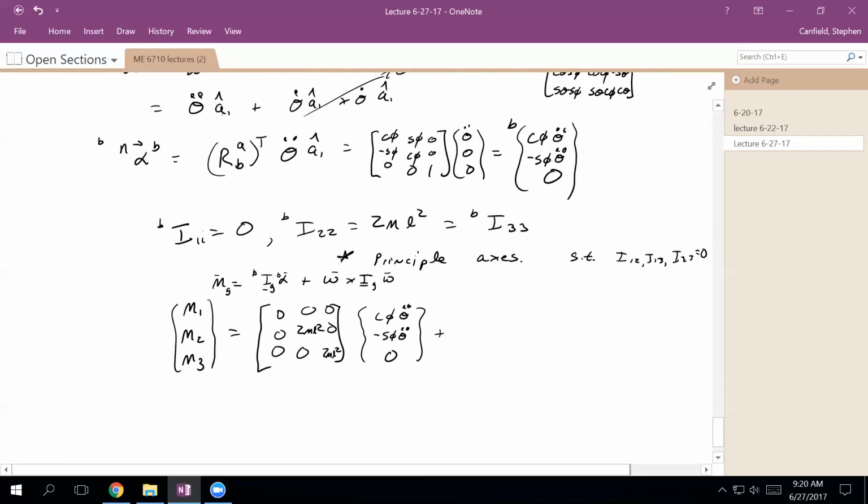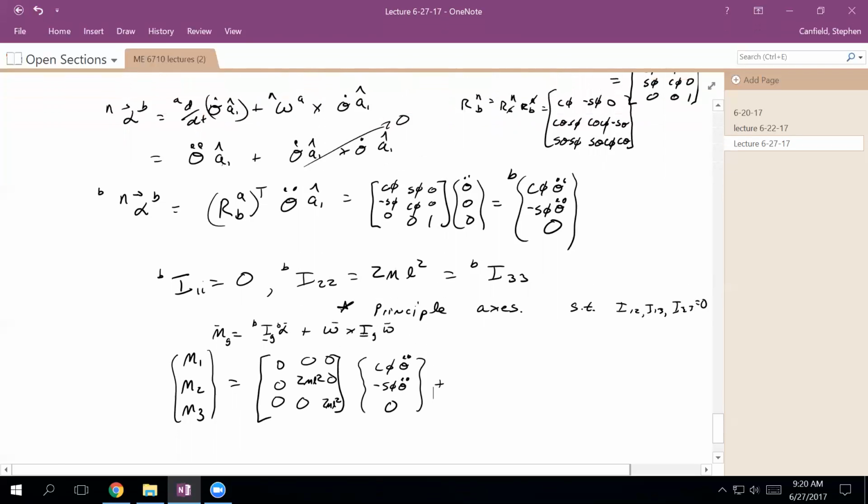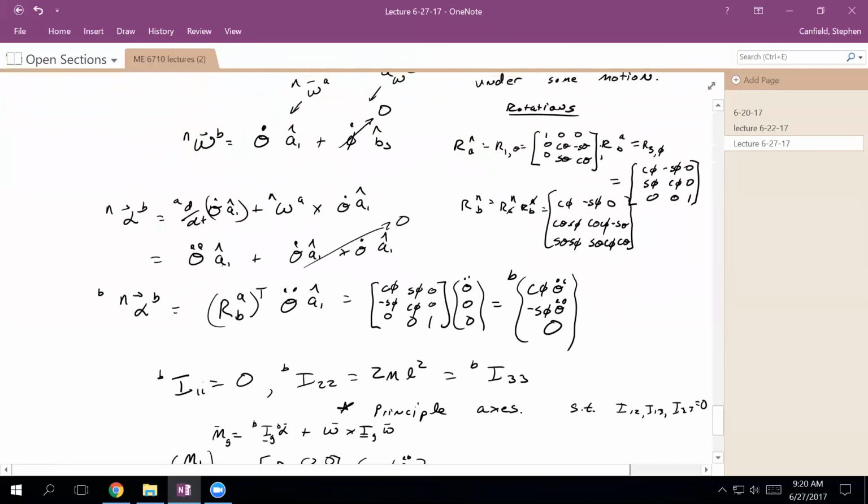Then I've got my omega cross I omega. Now, I didn't fully expand out my omega. Here's my omega, omega B to N. That's currently in A frame coordinates. I need to pre-multiply by the rotation transpose to get it into B frame coordinates.